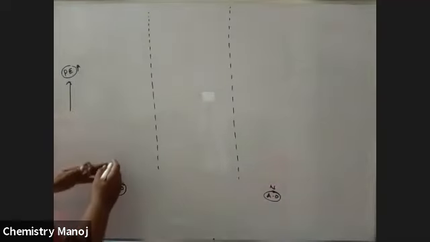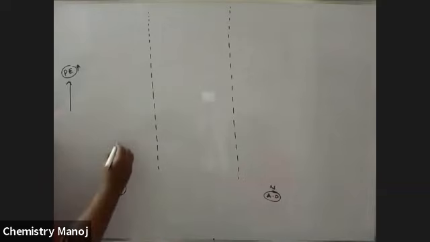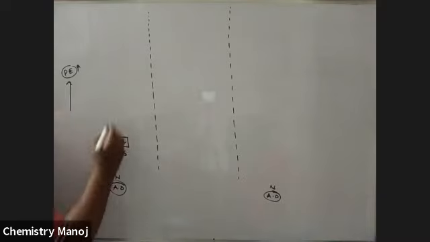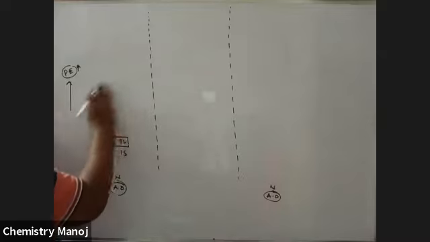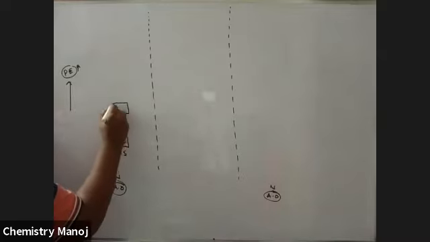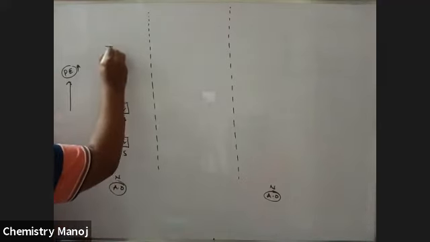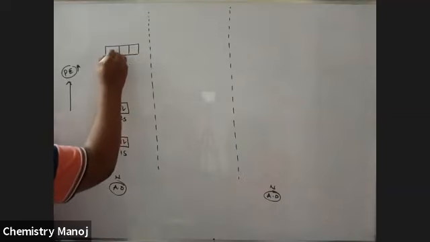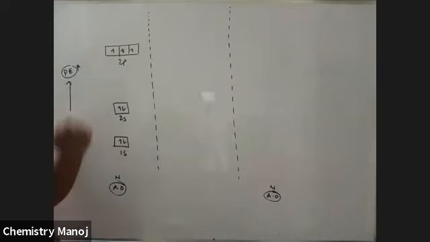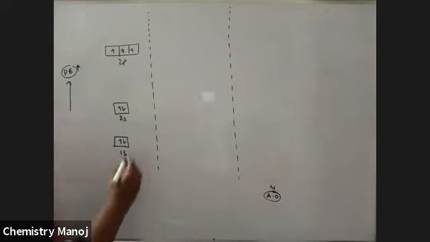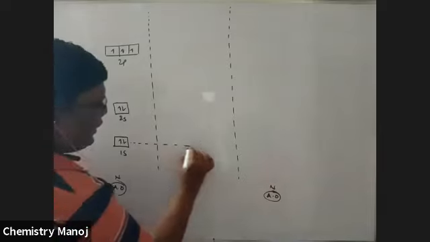Nitrogen's electronic configuration is 1s2, the 1s orbital having 2 electrons, 2s2, the 2s orbital having 2 electrons, and 2p3, which means 3 unpaired electrons. It is 1s2, 2s2, 2p3 from the first nitrogen. The other nitrogen is the same, so this energy and that energy are the same.